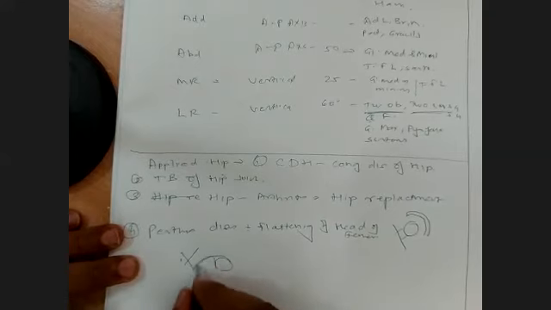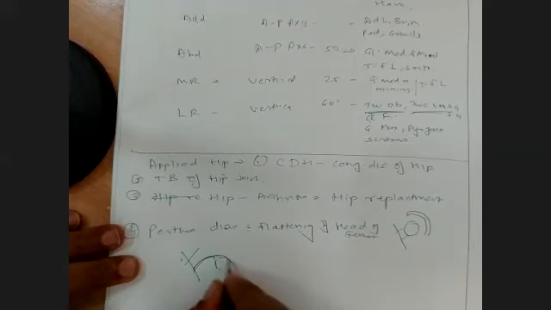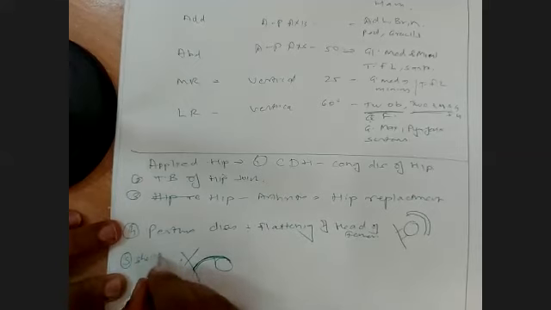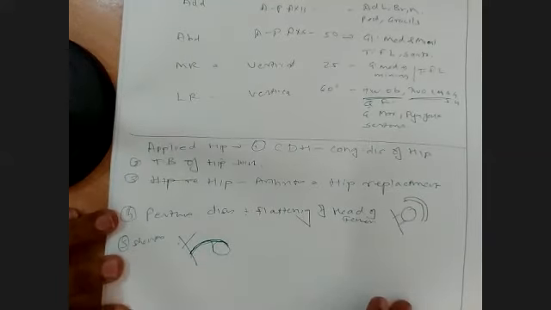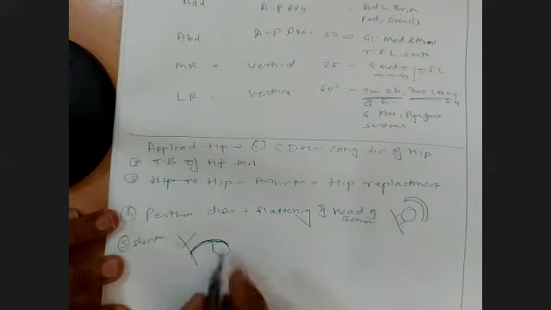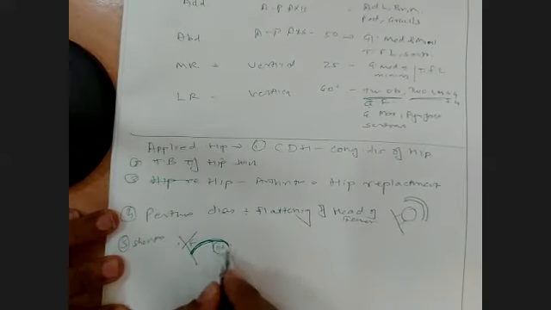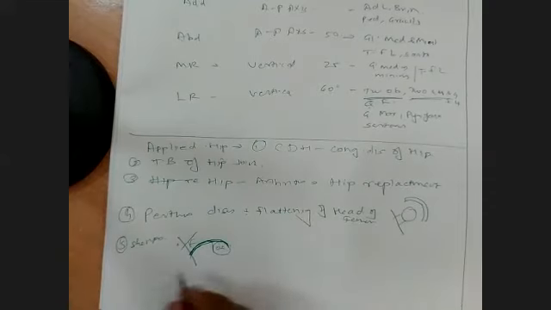So this line is always continuous. This is called Shenton's line. In case of fracture of the femur, this line may get disturbed. So these are some of the applied anatomy points of the hip joint.